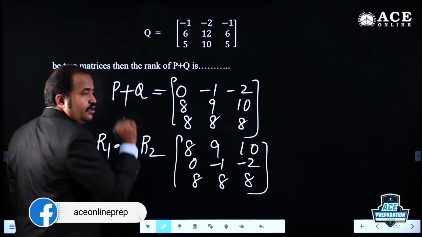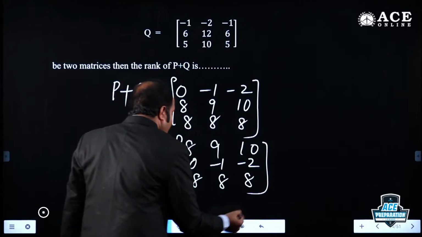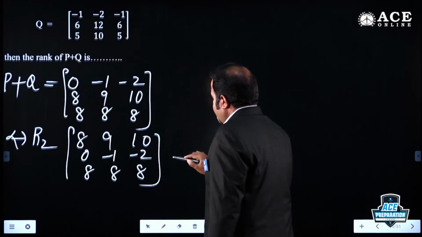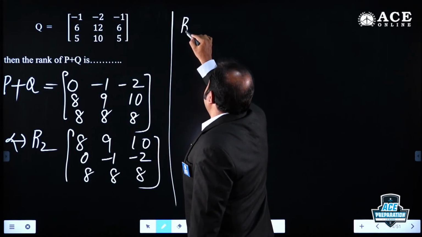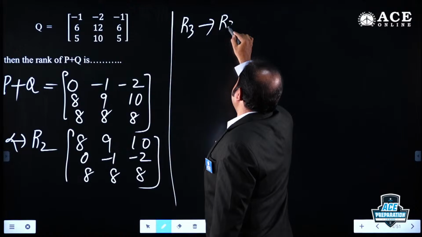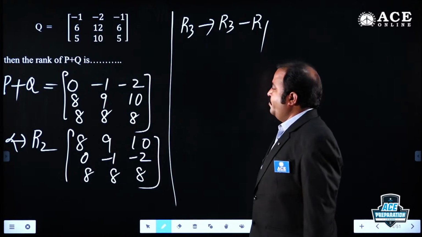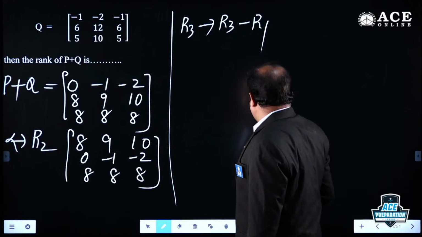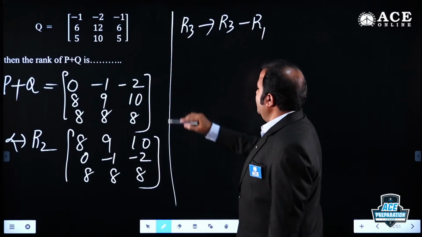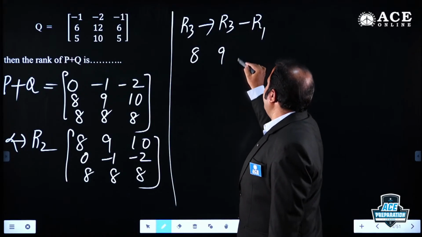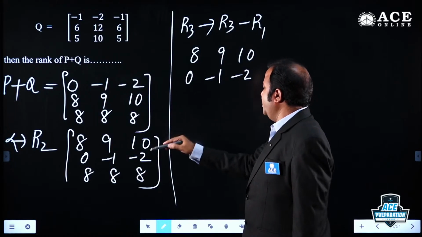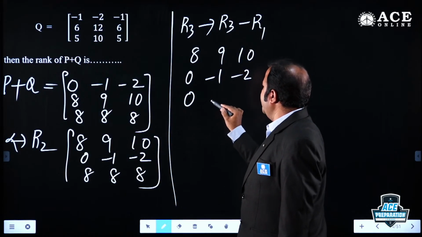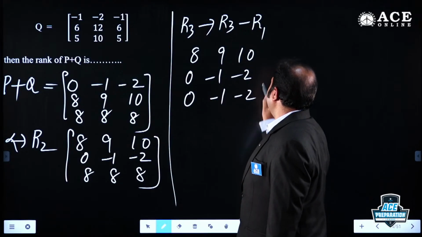Next, I am going to apply the operation R3 changes to R3 minus R1. So 8, 9, 10 remains the same, 0, minus 1, minus 2 remains the same. 8 minus 8 is 0, 8 minus 9 is minus 1, 8 minus 10 is minus 2.